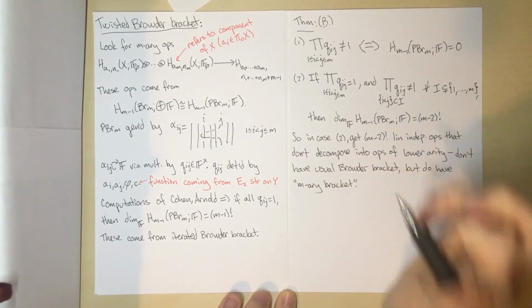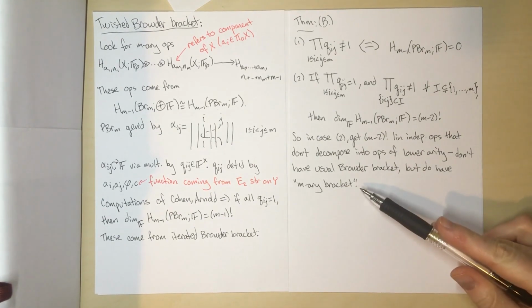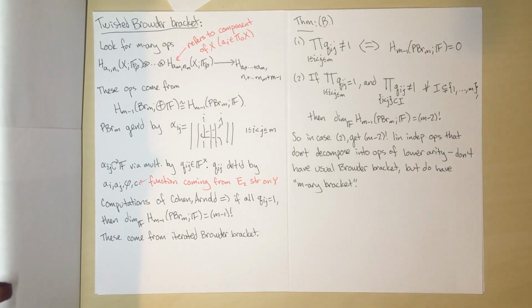I sort of assumed at the beginning that this bracket would sometimes not be defined, or maybe be 0, and would other times be defined like usual. But it turns out that in some cases you get an m-ary bracket where m is greater than 2, and you don't have a binary bracket. So this is just an illustration that in this case, the Browder bracket story can be much different from the classical case.